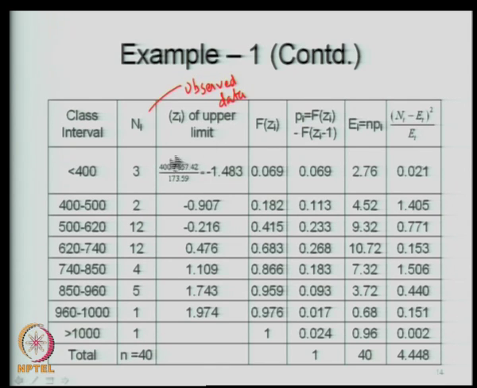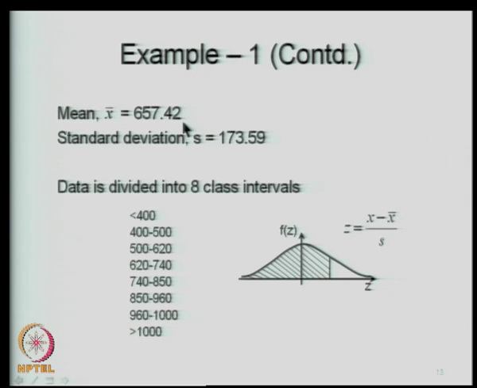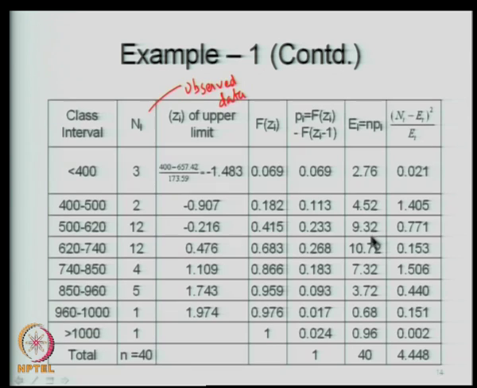Then we compute the z corresponding to the upper value of each interval, and we call the result F of zi. How do we compute z? This is simply x minus x bar divided by s. We use the upper value 400 in this case, minus x bar 657.42, divided by s, which is 173.59. So you get a z of minus 1.483.